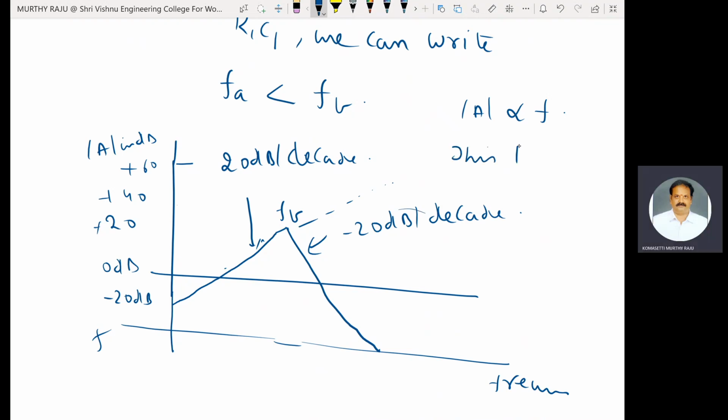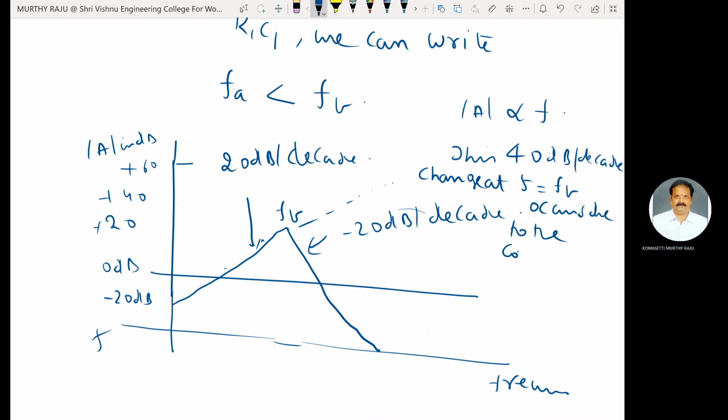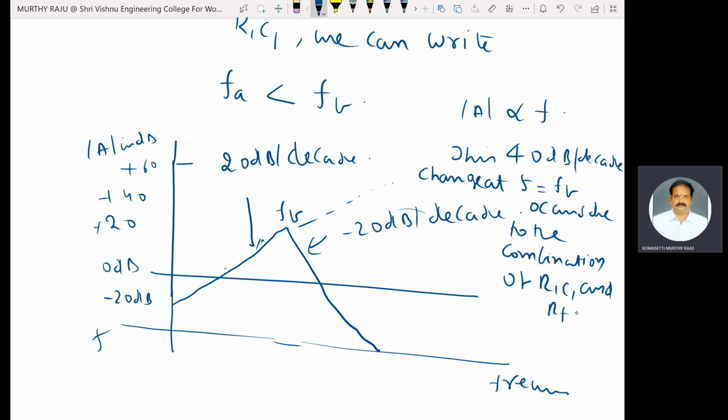This 40 dB per decade change at F is equal to FB occurs due to the combination of R1 C1 and RF CF, due to the combination of this one.